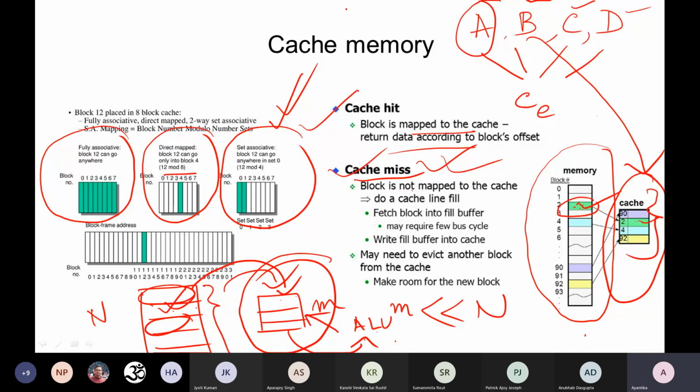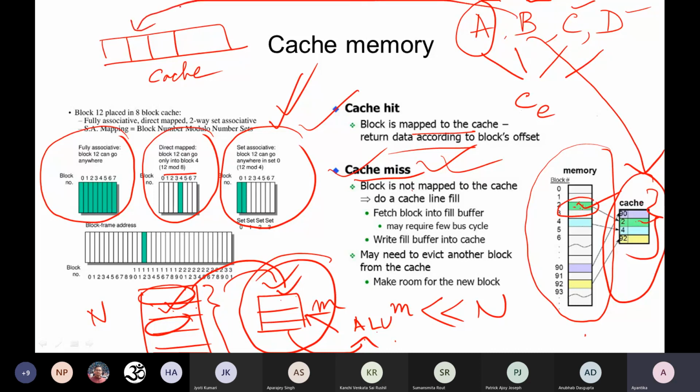We put a window: let's fix these four blocks of the cache memory, and A or B can get mapped to any one of these four blocks. So this is called set associative mapping, where we make a set, and within that set, a block can be placed anywhere.